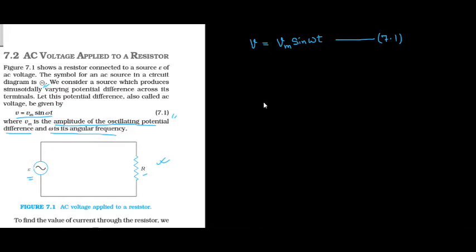where Vm is the amplitude of the oscillating potential difference. So why have we written this?